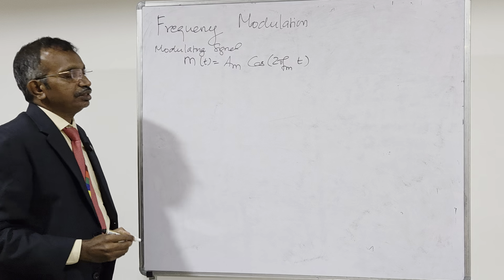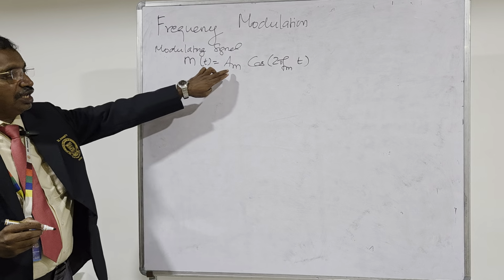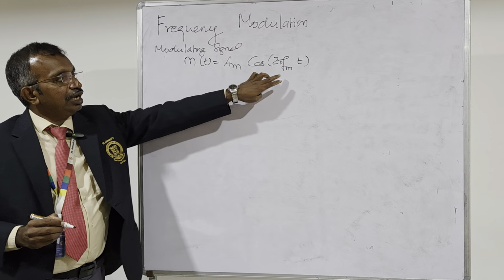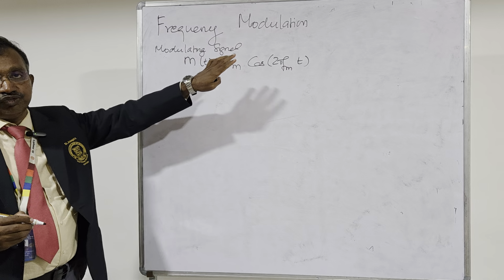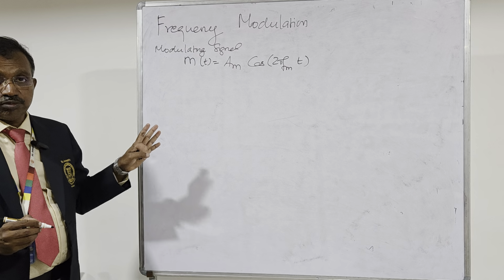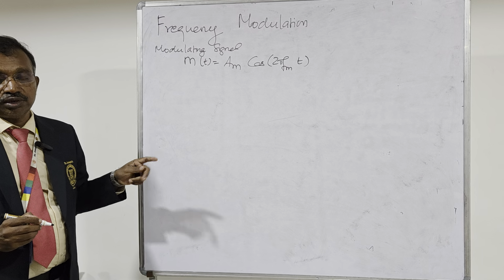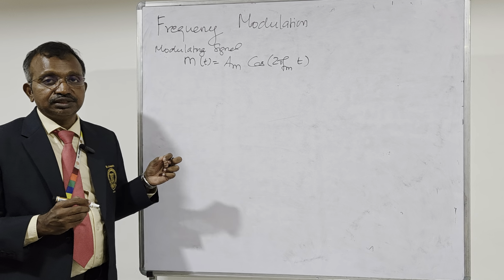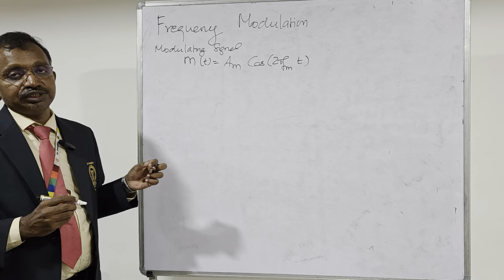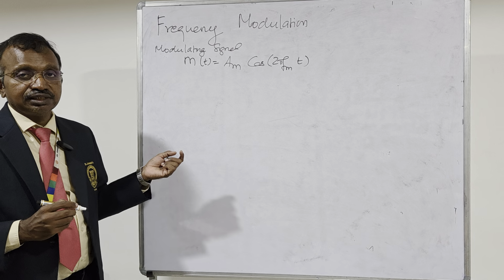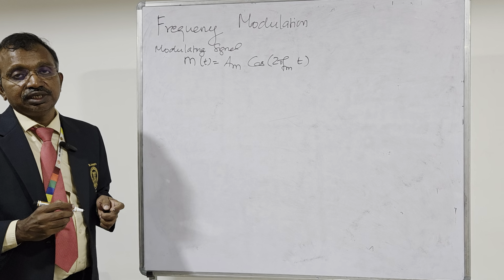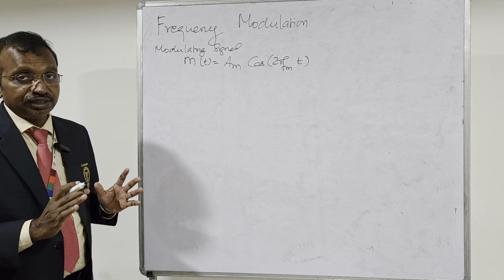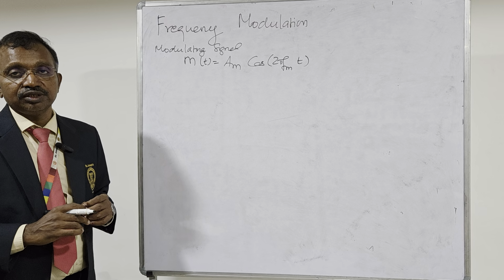This is the message signal, Am is the peak amplitude of the message signal, and fm is the modulating frequency. Now this m of t consists of only one frequency, so it is called single tone modulation. Suppose the signal consists of multiple frequencies, it is called multi-tone modulation. I am going to restrict myself to single tone modulation.